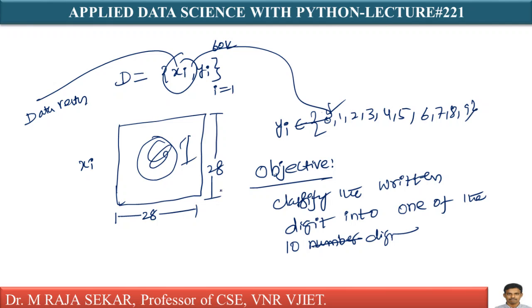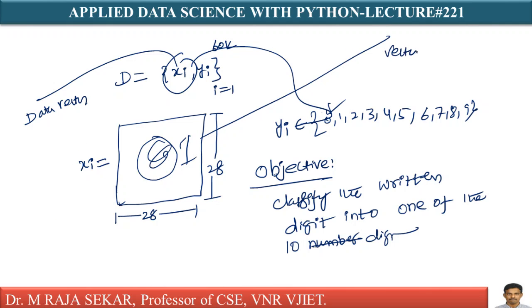This is xi, an image that can be an image of any digit 0 to 9. This image has 28 rows and 28 columns. Therefore, this xi has 784 pixel values. Now I must convert this into a vector.